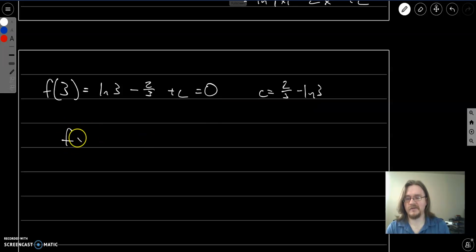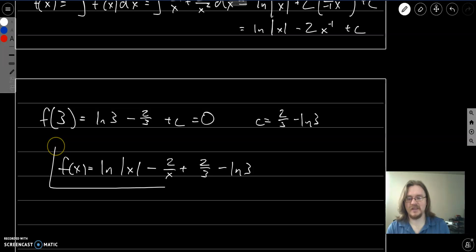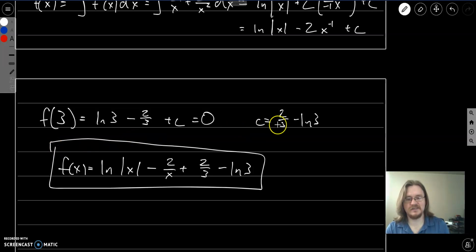So f is going to be the natural log of the absolute value of x minus 2 over x, because it was 2 times x to the negative 1, plus c, which happens to be 2/3 minus the natural log of 3. It's not a pretty constant, that's for sure, but it's just a number, and we can plug that in.